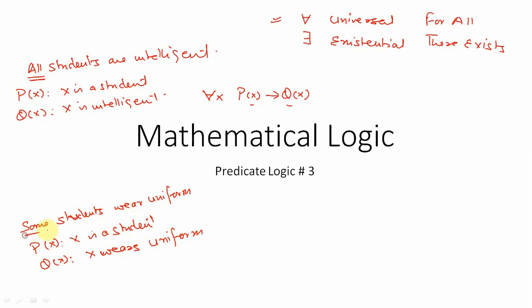The word some indicates that I'll be using the existential quantifier. So I'll specify: there exists an x such that x is a student and x is wearing the uniform. This is how we specify an informal statement as a formal statement.